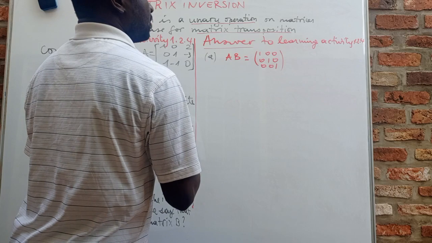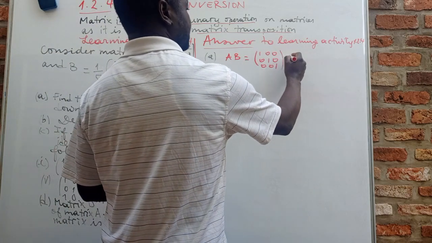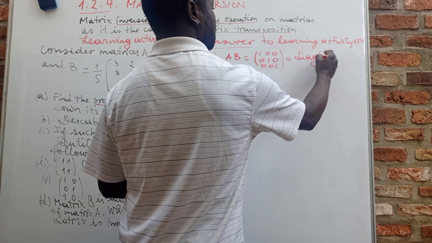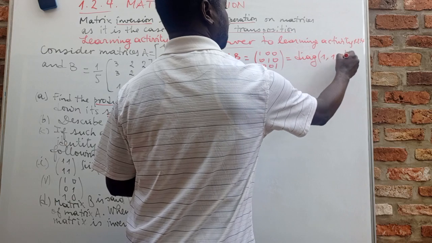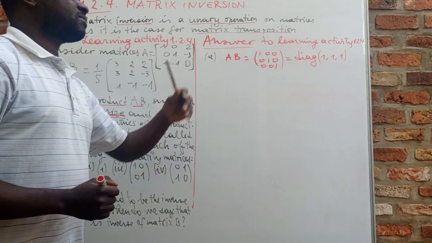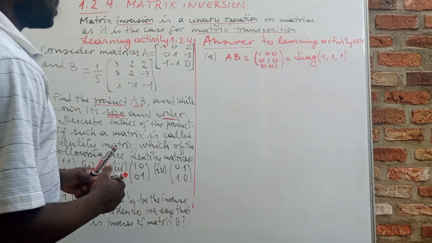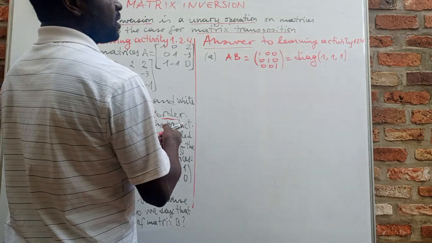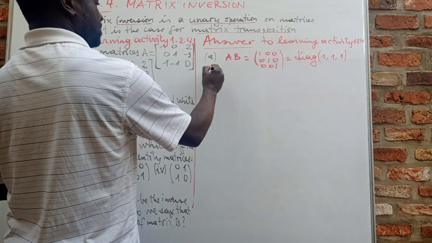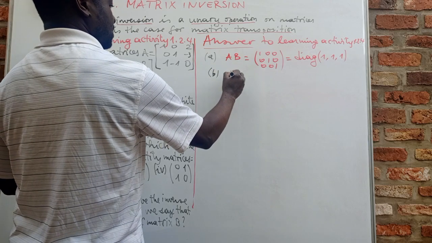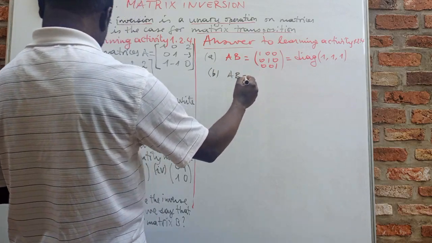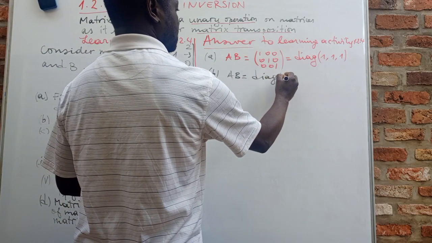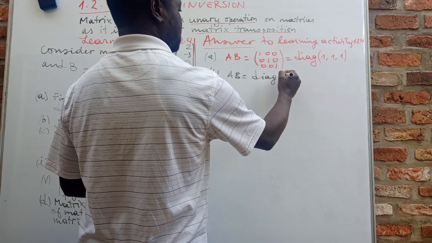Because diagonal elements are the only elements which are non-zero, this matrix is called a diagonal matrix with elements 1 1 1. It can be shortened just to recognize that every other element has zeros, and only the main diagonal elements are just one. This is the diagonal matrix.